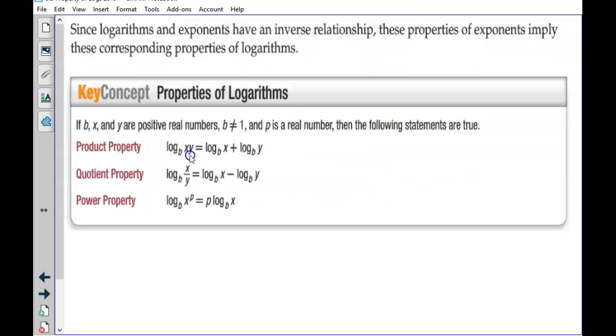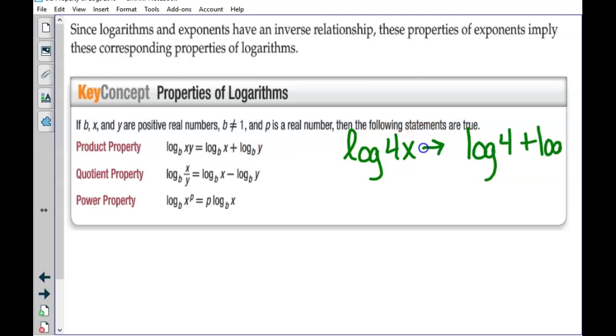The product property, guys, says that when you have something like log of 4x, multiplication, you can separate that into the log of 4 plus the log of x. Do you remember that from last year at all? Yeah. Okay, multiply, add, go together.